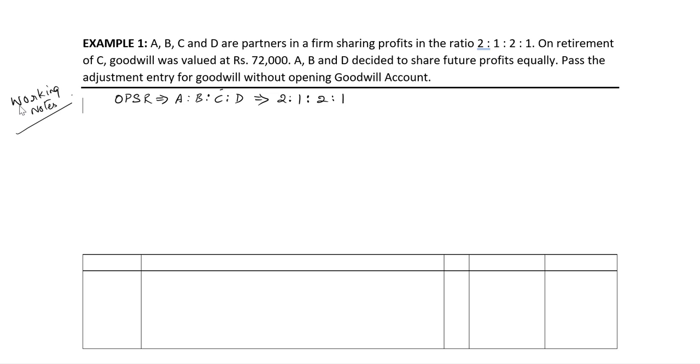On C retires from the firm, and further it's given that the new profit sharing ratio between A, B and D is equal. In other words, it's 1:1:1. We need to find out the gain and sacrifice of each partner. So let's do old share minus the new share.